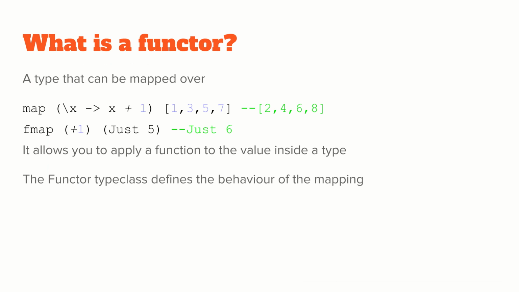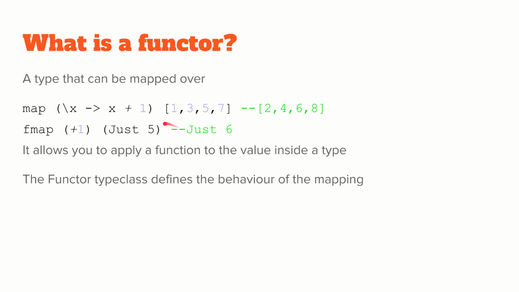The most basic explanation is it's a type that can be mapped over. So you've got your thing, your type, can you map over it? Can you map it? Yes, you can. So it is probably a functor.